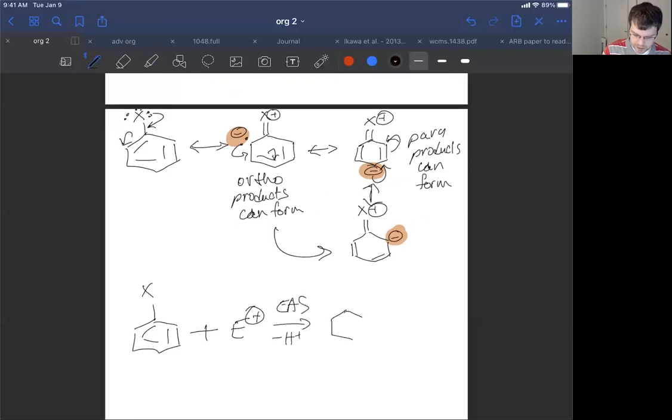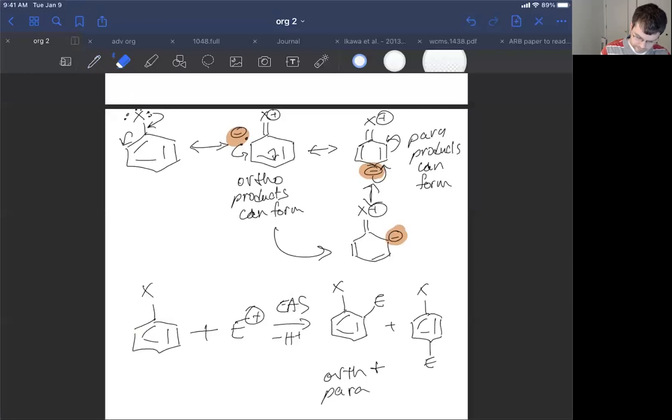What we'll get then is, based on these resonance structures, we'll get substitution at the ortho position, which is the same on either side, by symmetry, and the para position. Ortho and para products are formed.